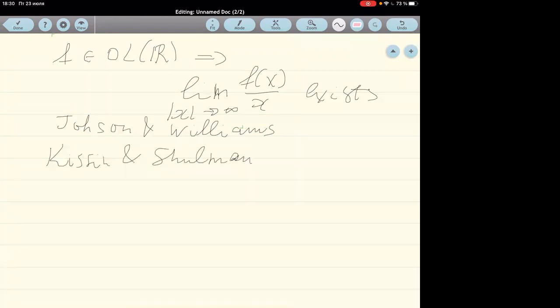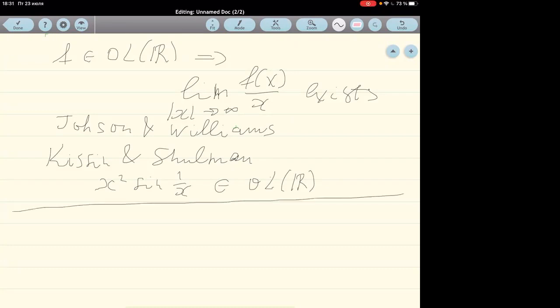proved that the function x squared sine 1 over x is operator Lipschitz, though it is not continuously differentiable. The derivative is not continuous at the origin. Okay.